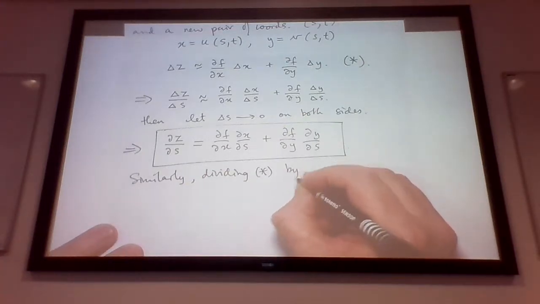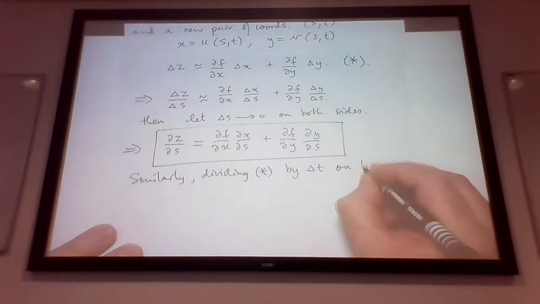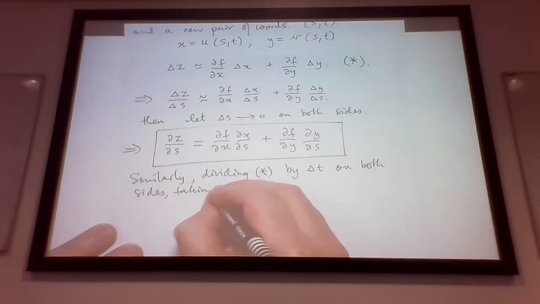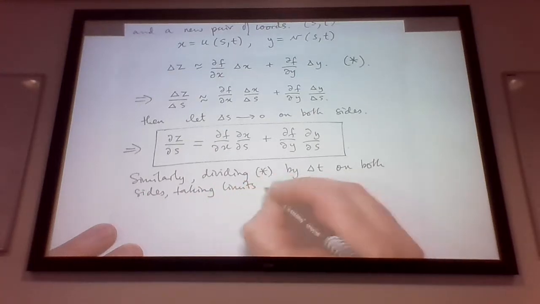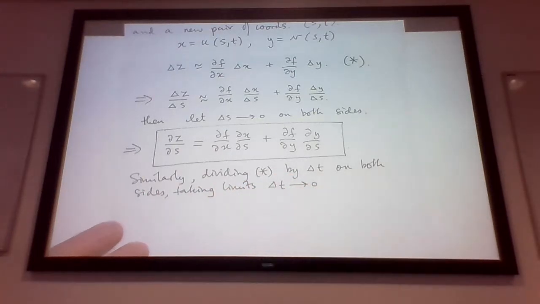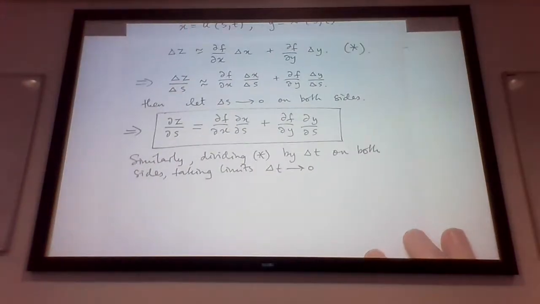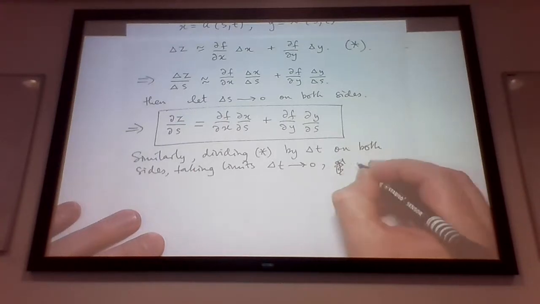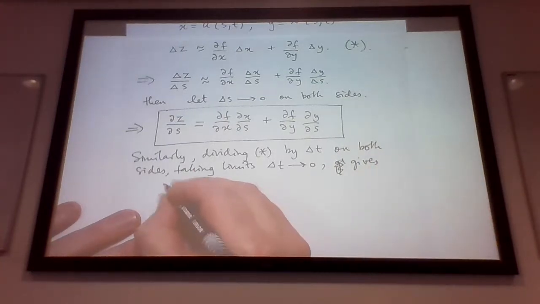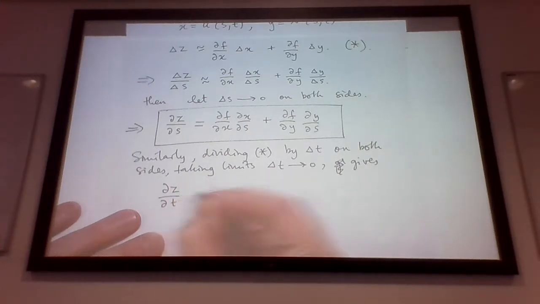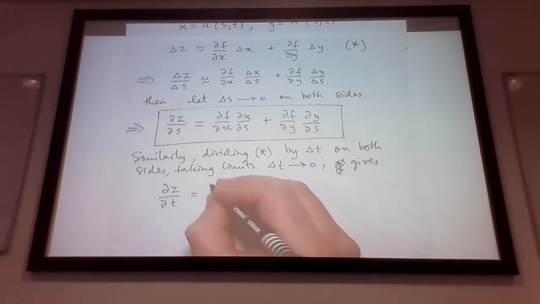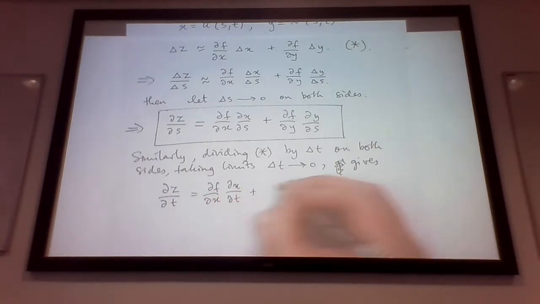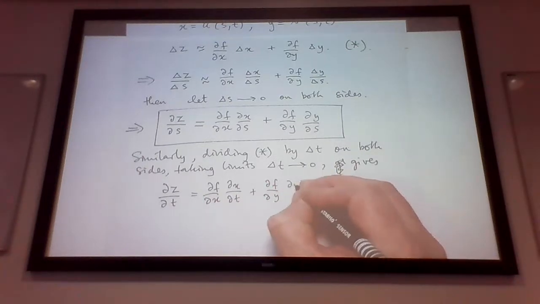Dividing star by delta t on both sides and taking the limits as delta t goes to 0, I won't write in the intermediate approximation, but that gives the other chain rule equation for this situation. dz dt will be df dx dx dt plus df dy dy dt.